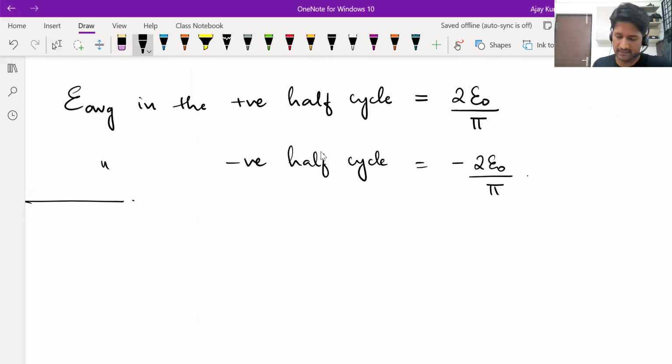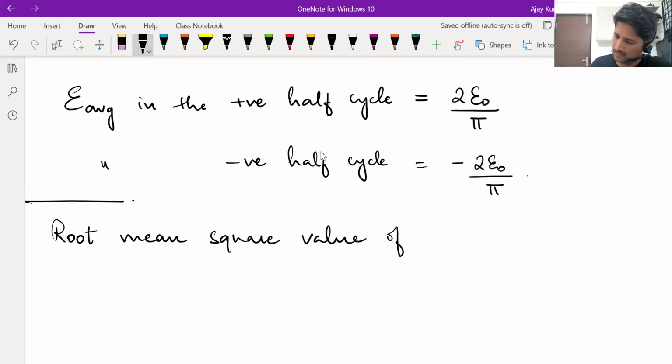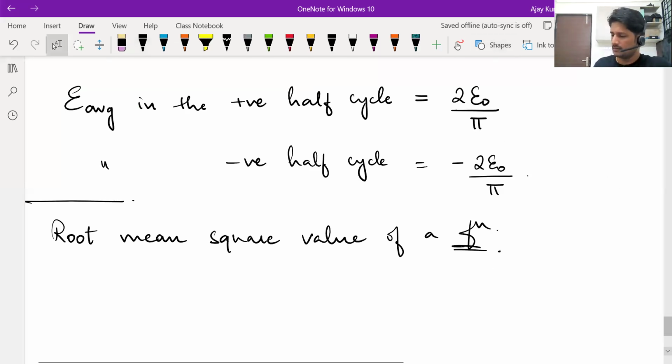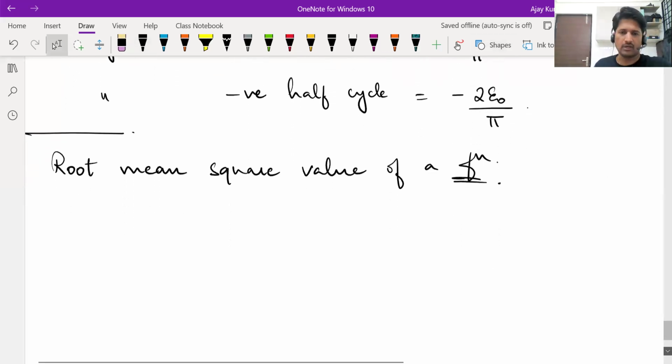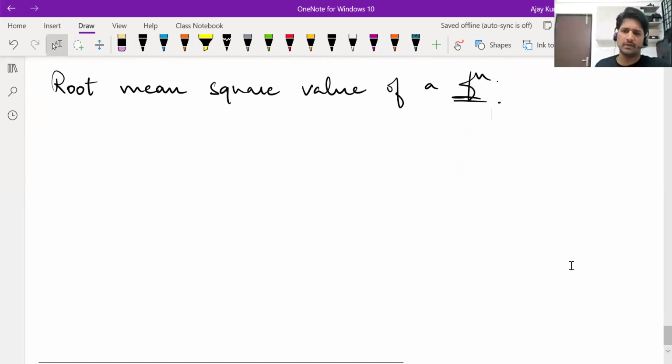Another thing we'll be interested in is the root mean square value of a function. Okay, root mean square or RMS. In 11th class, you may have heard of RMS velocity of gas molecules.